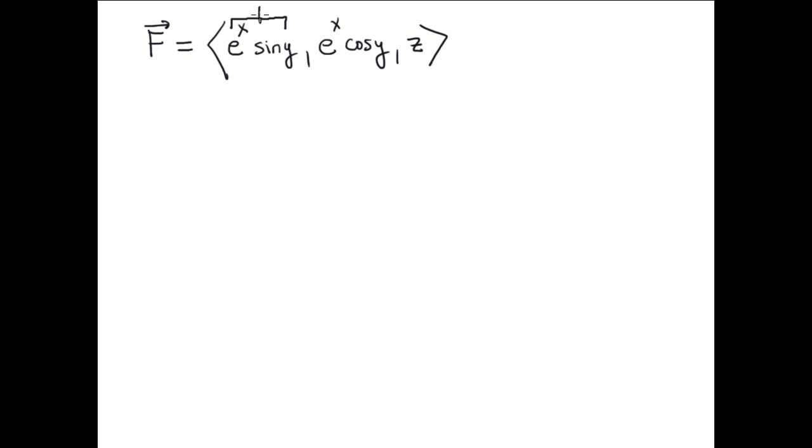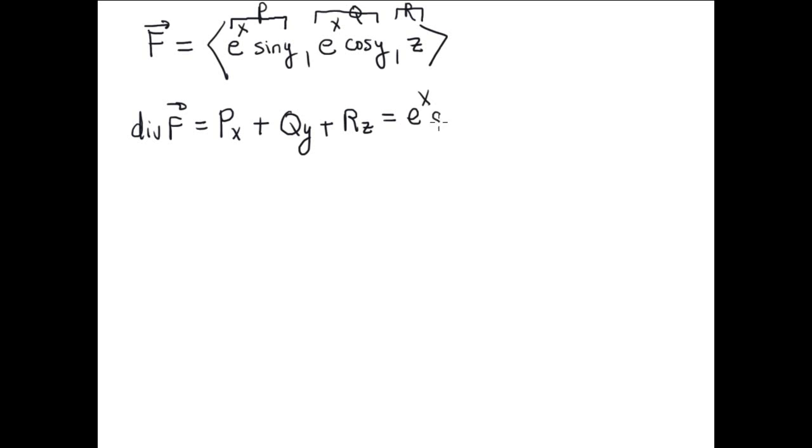This is the function P, this is the function Q, and this is the function R. The formula to compute divergence is partial derivative of P with respect to X plus partial derivative of Q with respect to Y plus partial derivative of R with respect to Z. Partial derivative of P with respect to X is the exponential, the same, e to the X sine Y, because Y is considered like a constant.